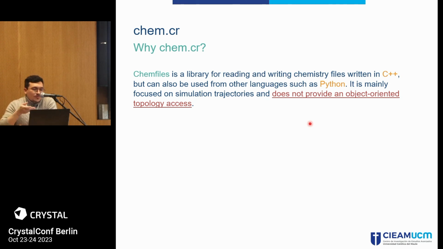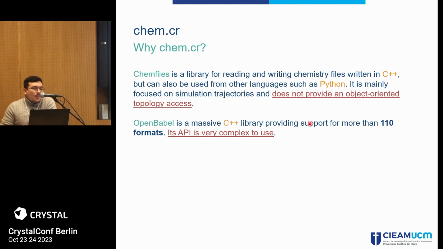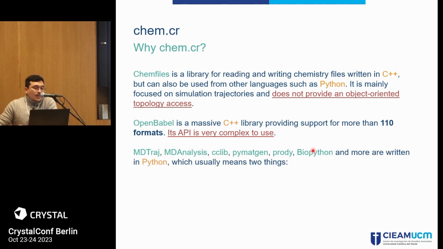And I will talk to you a little more about this. OpenBabel is another massive library written in C++ and supports more than 110 formats, but the app is really complex to use. And a lot of other libraries are written mainly in Python, and this usually means two things.